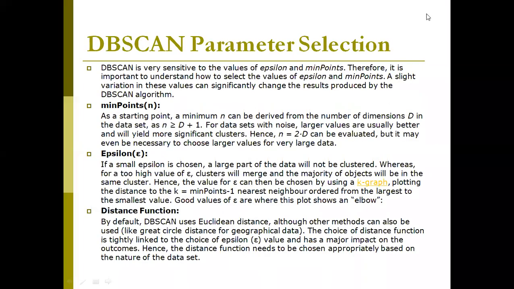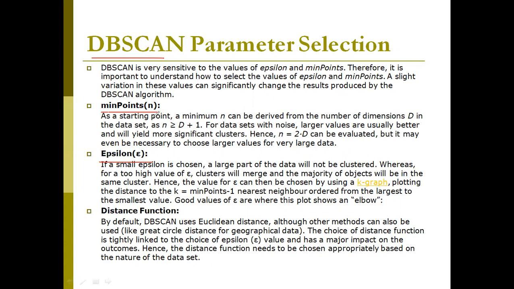And coming to how to select the parameters of DBSCAN, how to choose the minimum points and how to choose the epsilon radius value. The minimum points are based on the dimensions of the given data set. If you have a data set, it has some dimensions. Based on the dimensions, we choose the minimum points.